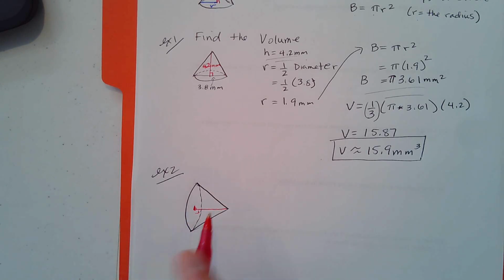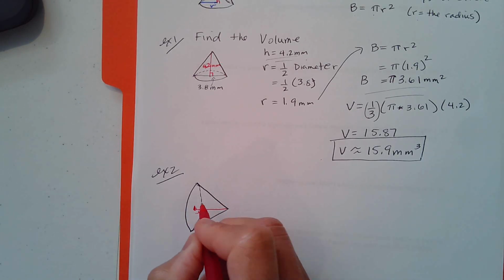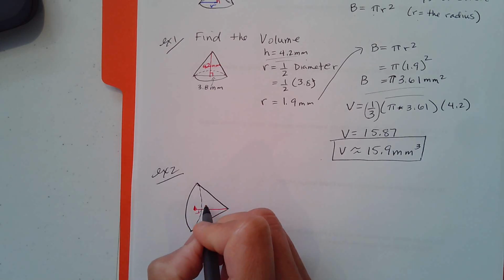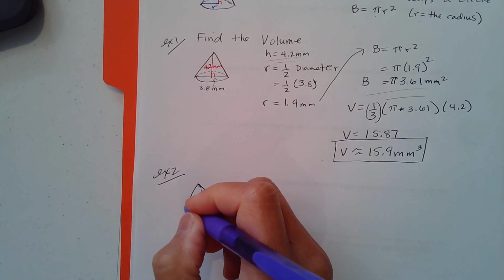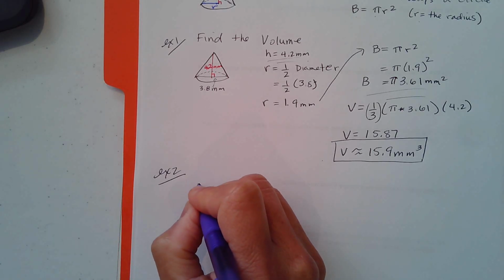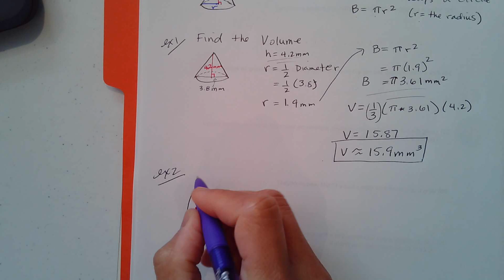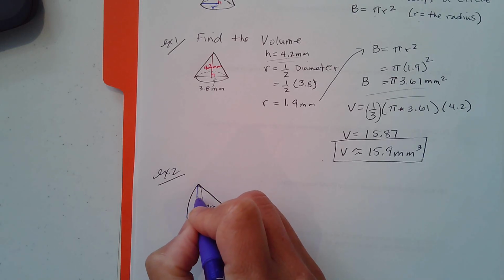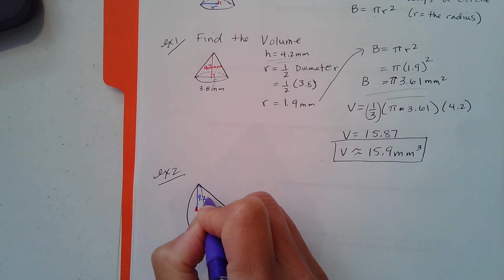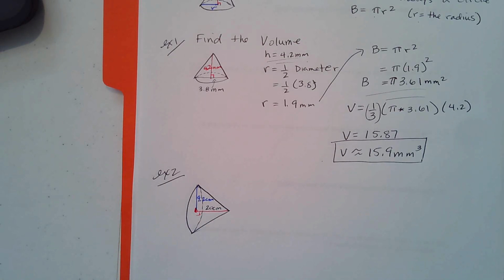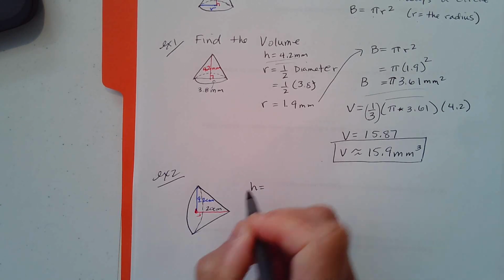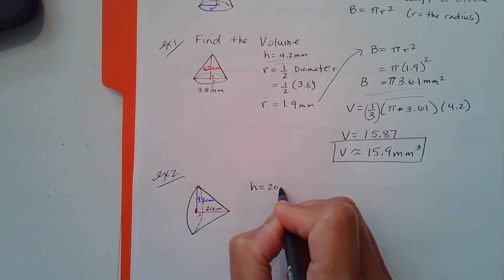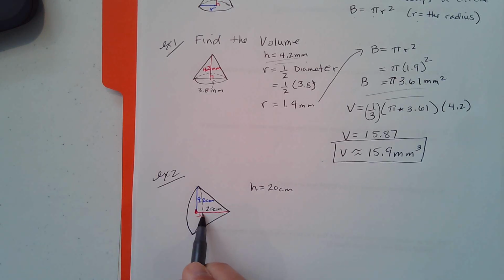The only difference is the cone is now turned to its side. The height is 20 centimeters, and the radius is 9.2 centimeters. Again, identify the height. The height is 20 centimeters. Again, this is the height because it's perpendicular to its base.